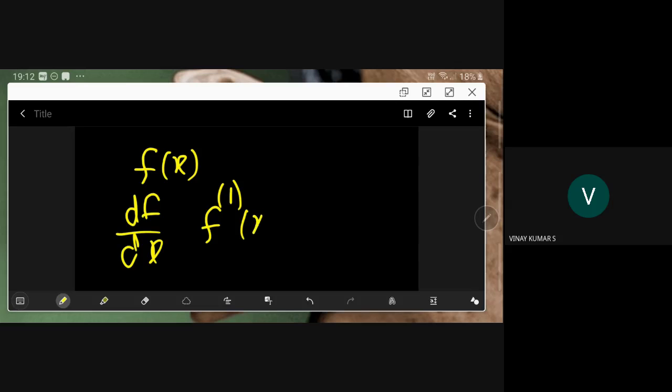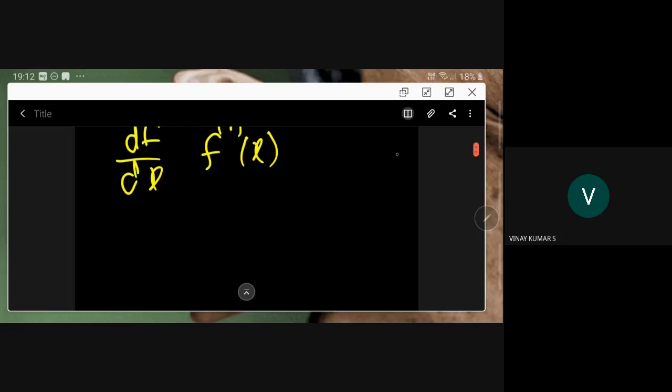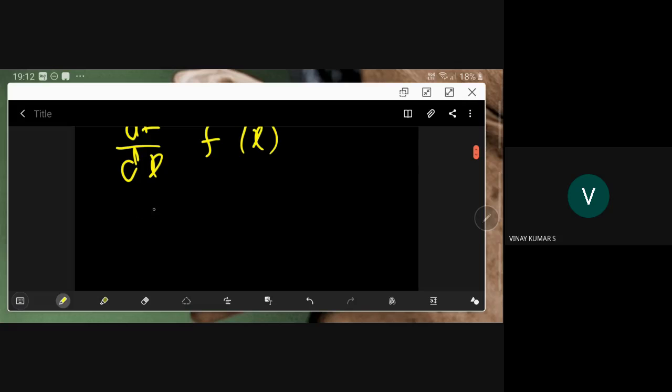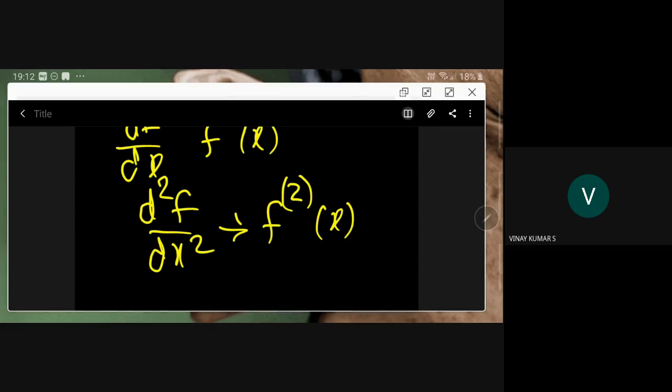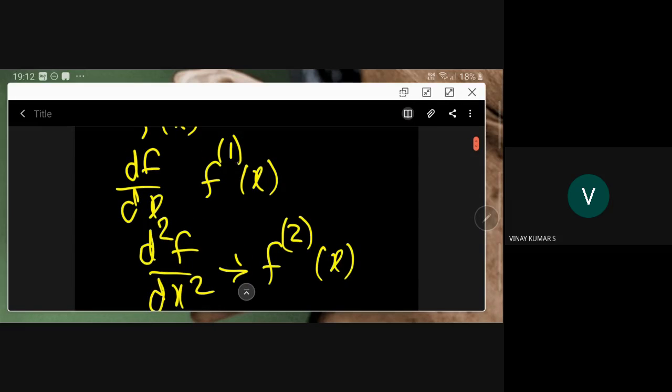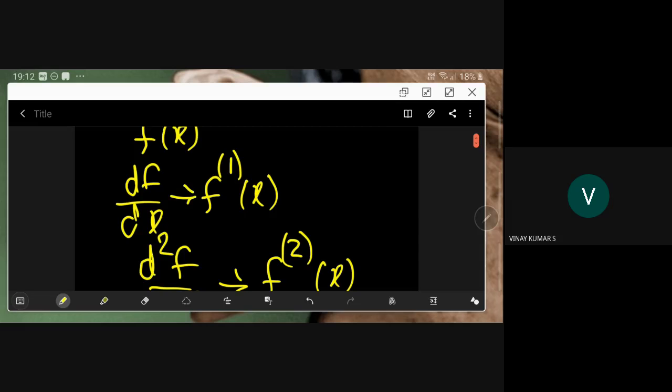If we go for the second order derivative, then we represent it like this, in short as f double prime of x. This is the convention we are about to follow during the presentation.